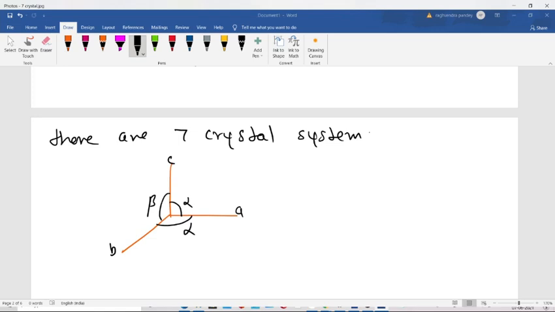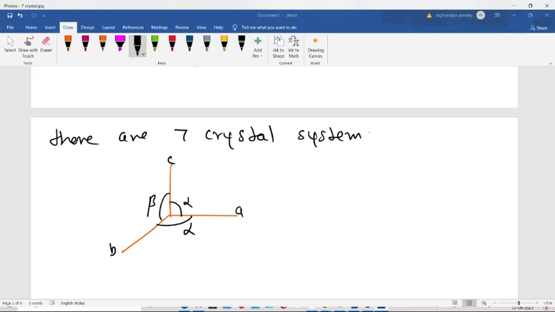Triclinic is important because nothing is equal to each other in triclinic. No dimension is equal, A, B, C are not equal, and alpha, beta, gamma are not equal. We can say it is the only system where nothing is equal.